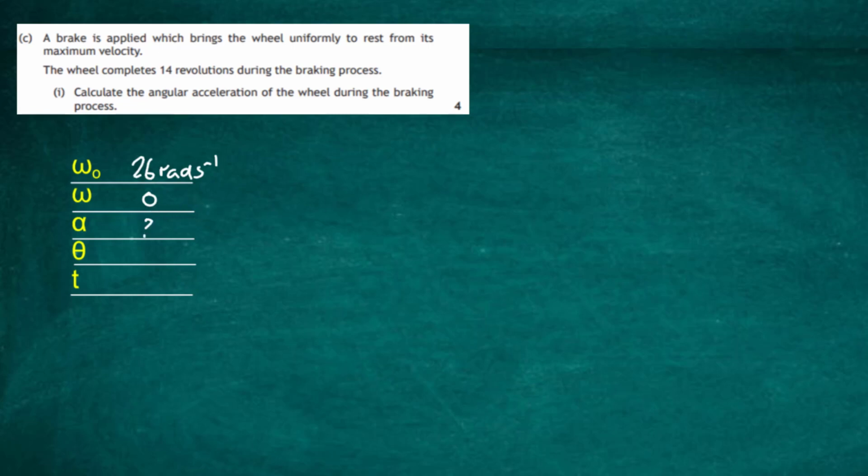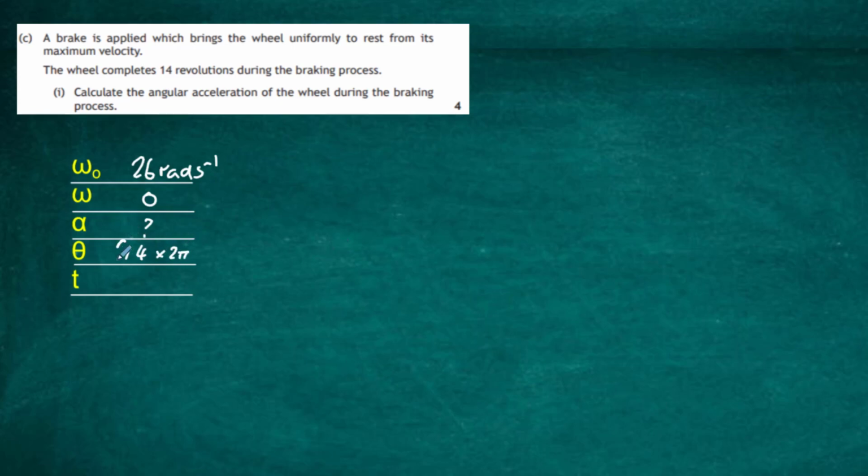And our total angular displacement measured in radians will be the following. We have got 14 revolutions, but remember we can't just put down 14 revolutions, we have to put it down in terms of the radians that's passed through. And we know that in one revolution the angle gone through is 2 pi radians, so 14 revolutions will be 14 times 2 pi.